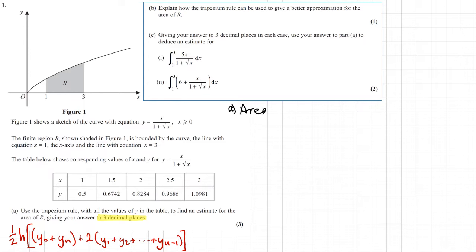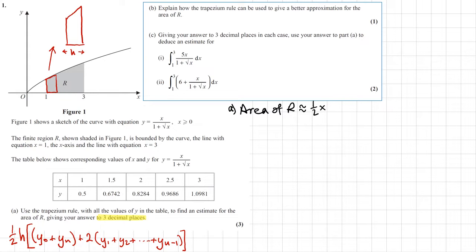our estimate for the area of R is half times h. Now h is going to be the height of the trapeziums. Now remember, when we use the trapezium rule and we divide up the area into trapeziums, these trapeziums are on their side like this. So the height goes across like this.